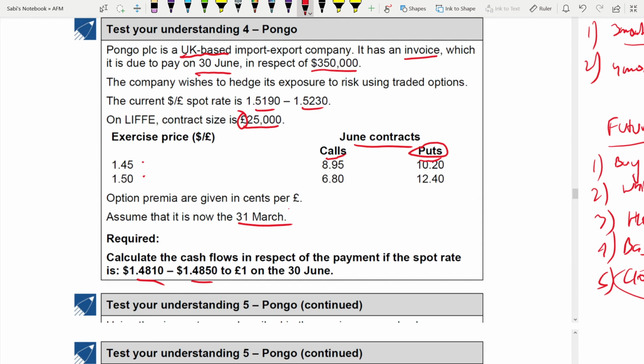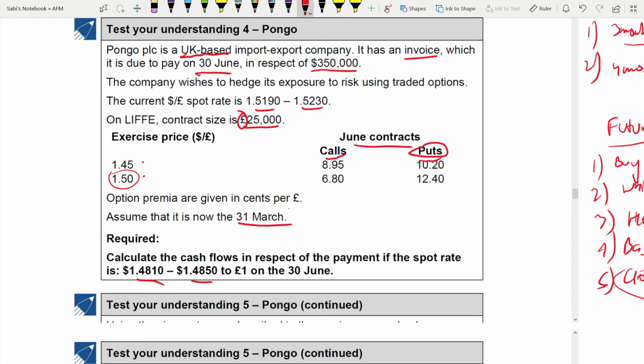Okay. Which option? It is June because there is only one. Which exercise price? Is it 1.45 or 1.5? It's a put option, right? Put option means we want to sell at a higher rate. So 1.5 looks more attractive in this case, because we are selling pounds to buy dollars.